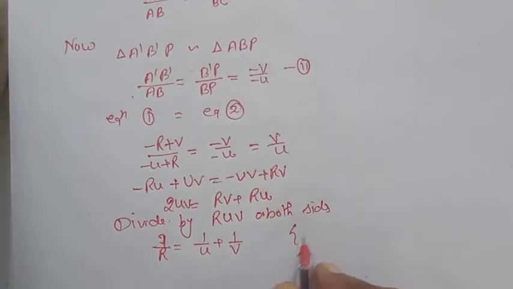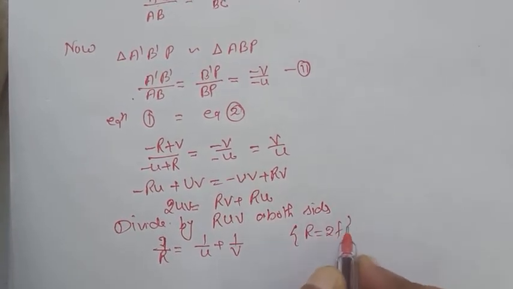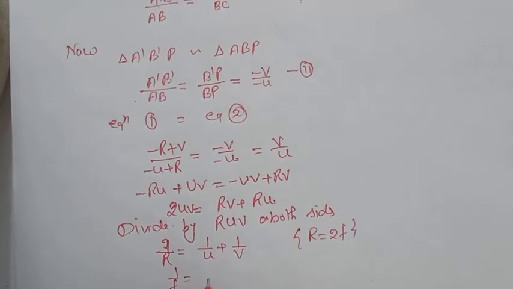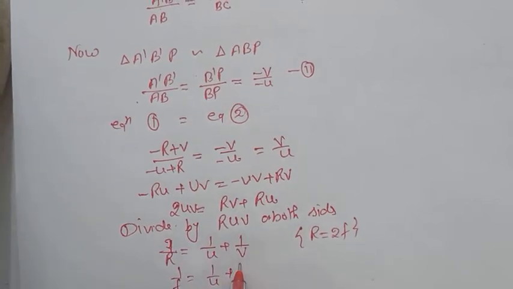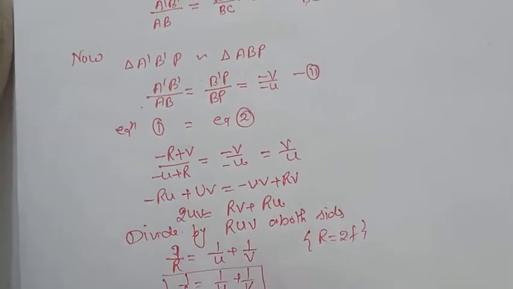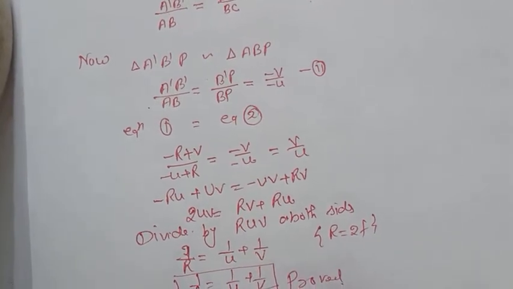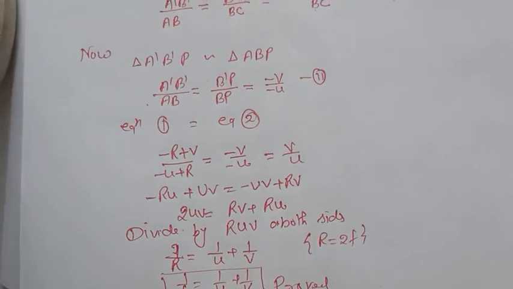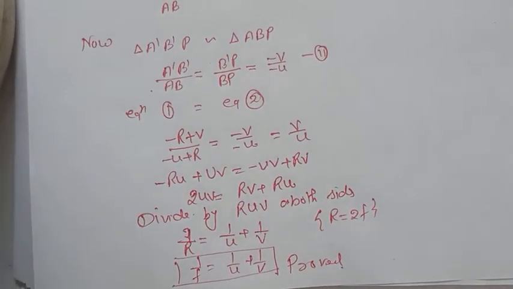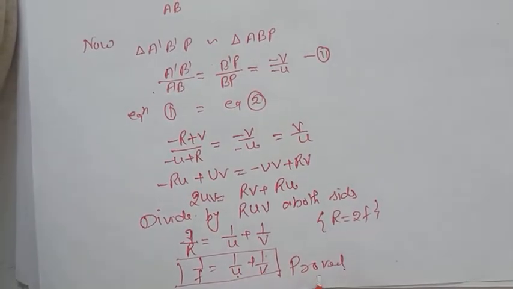Since r equals to 2f, then 1 upon f equals to 1 upon u plus 1 upon v, which is the mirror formula for concave mirror, hence proved. 1 upon f equals to 1 upon u plus 1 upon v, proved.